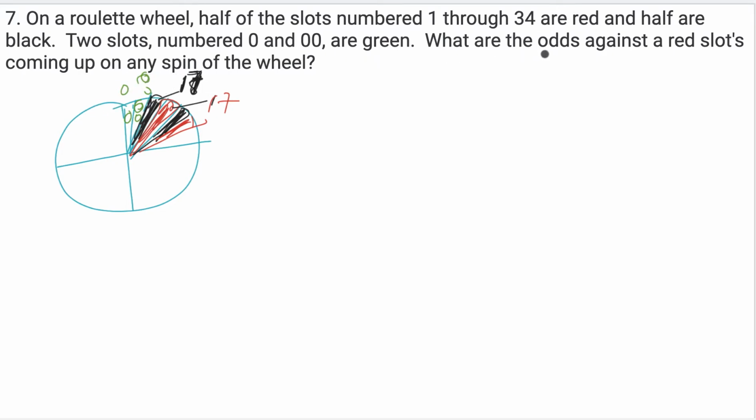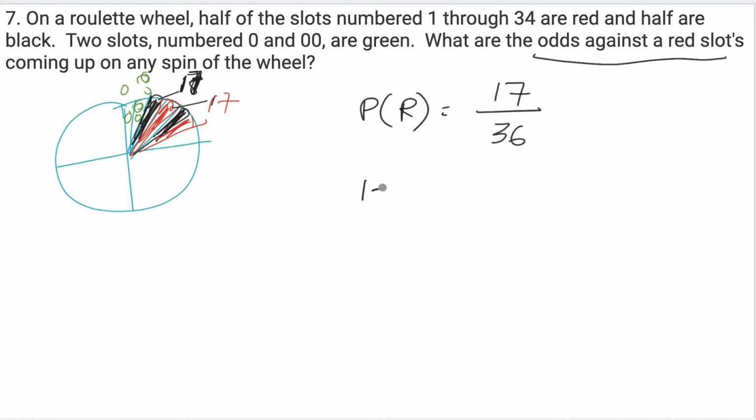What are the odds against red slots? You need to find the probability of getting red. Probability of getting red: there are 17 red slots. What is the total? 34 plus 2 more, so there are 36. Then odds against, not going to happen, is what?